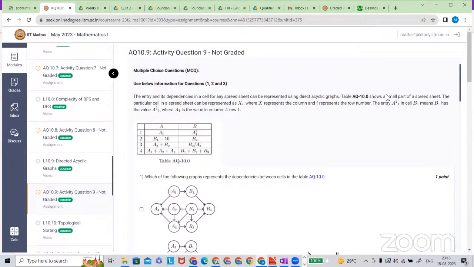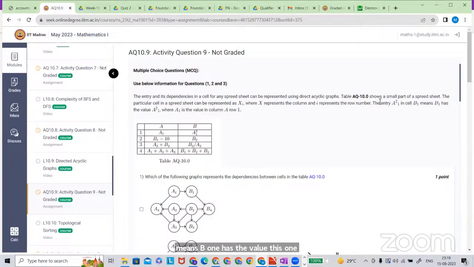The question shows part of a spreadsheet. A particular cell in a spreadsheet can be represented as xi, where x represents the column and i represents the row. The entry in the cell B1 has this value.